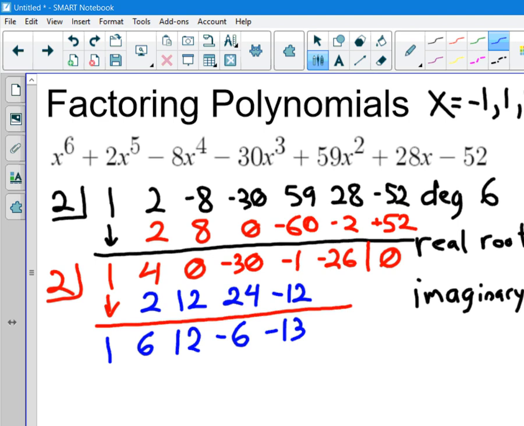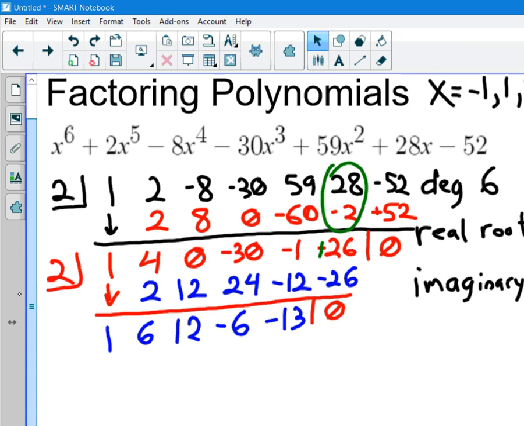Because negative 13 times 2 is a negative 26, but up above, the 28 minus 2 is plus 26, which times 2 is plus 52. So that was my mistake. So now I get positive 26 minus 26 is 0, so the number 2 is a root, and the value of x minus 2 will be a factor.